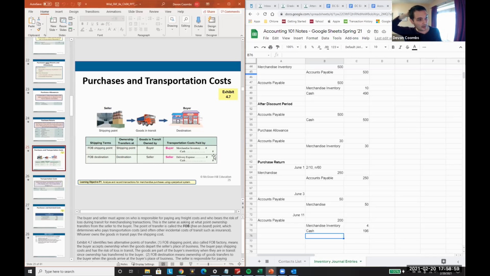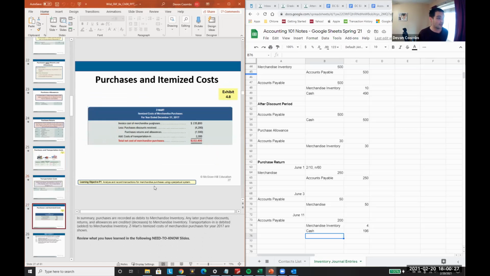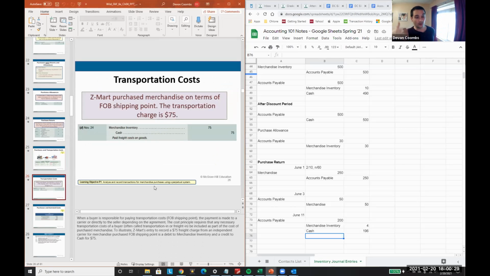But if it's sent to us that way, it's not included in the cost of our inventory. So it's more favorable. The seller pays for those costs or sends it to us. Transportation costs, we call that freight as well. We either include it in the cost of our inventory or we have it as a separate expense based on if it's shipping point or destination.